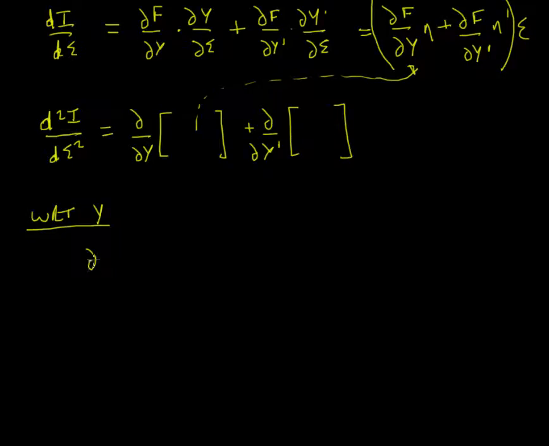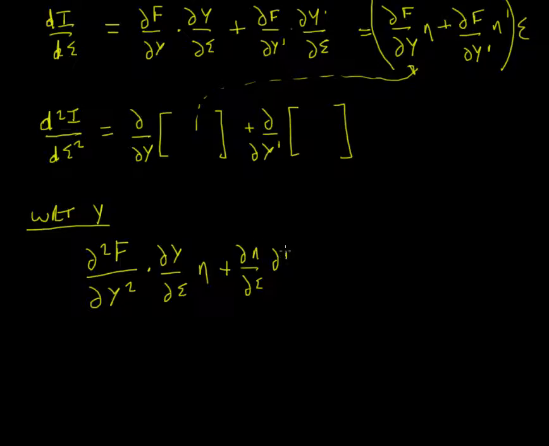We're going to have partial squared f upon partial y times partial y, so partial y squared, times the chain rule, which would be partial y by partial epsilon times our value eta, and then the next part of the product rule would be partial eta by partial epsilon times partial f by partial y. Okay, so that's 2 of the terms here.